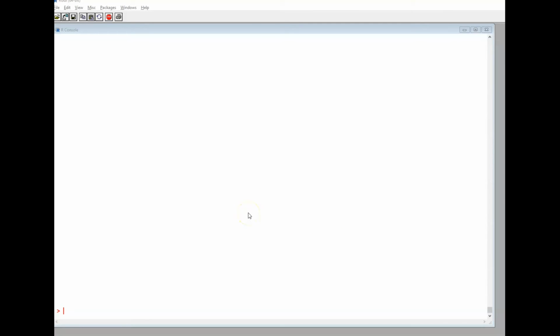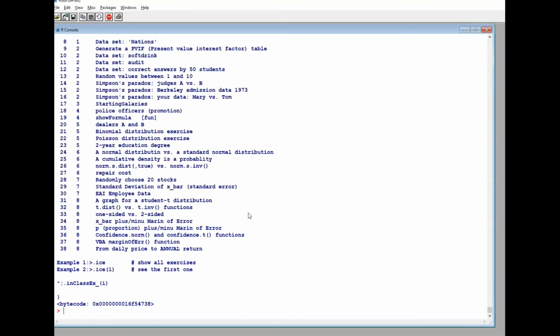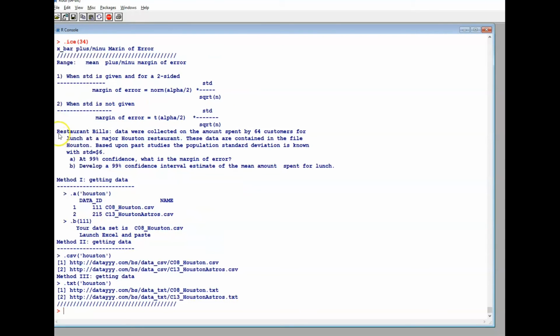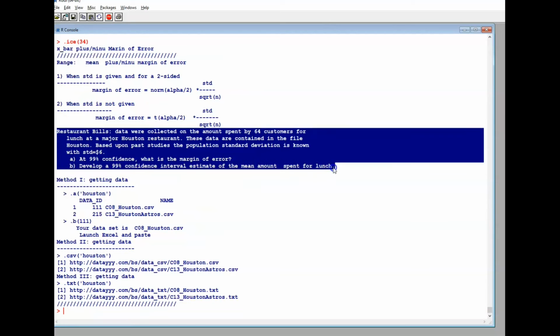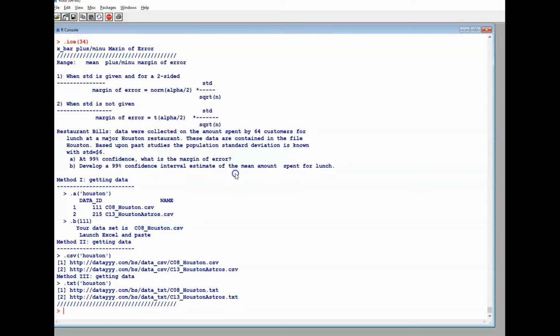Let's have an in-class exercise. Simply type the short link, and let's look at problem 34. I'm going to copy and paste this into Excel, and there are three methods.